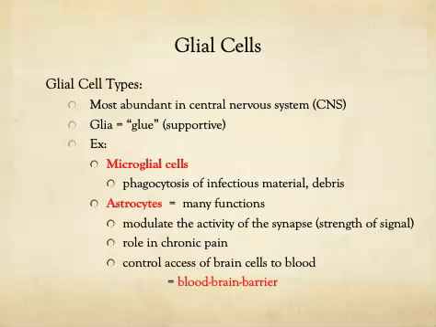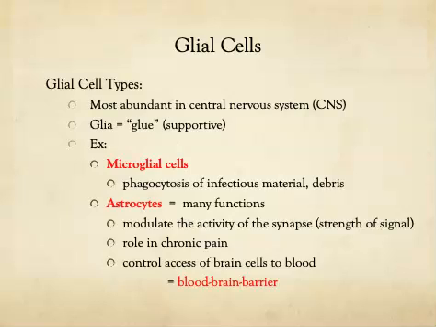Finally, astrocytes make up what's called the blood-brain barrier. So astrocytes actually surround the brain and have great control over what can access the tissues of the brain from the blood.